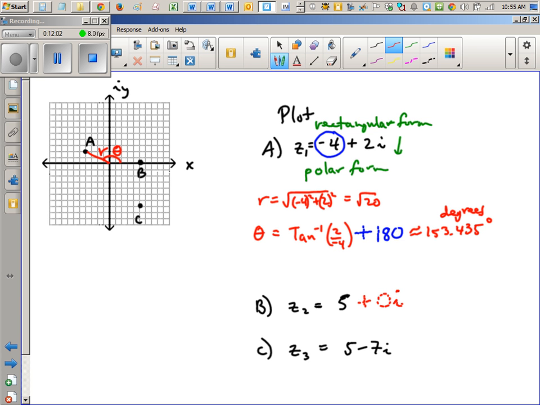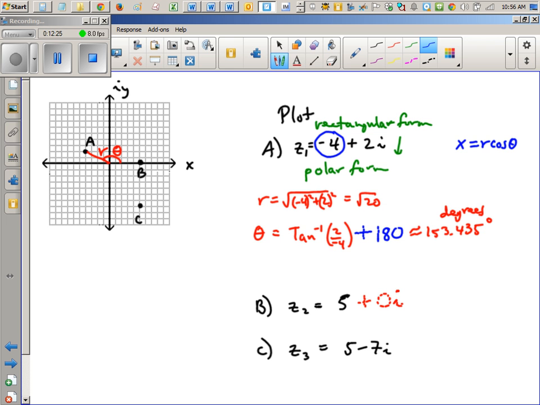Watch this. The negative 4 represents your x. I circled it there in blue, right? Remember that x is r cosine theta, isn't that true? R is root 20, you see, and theta is 153-ish.